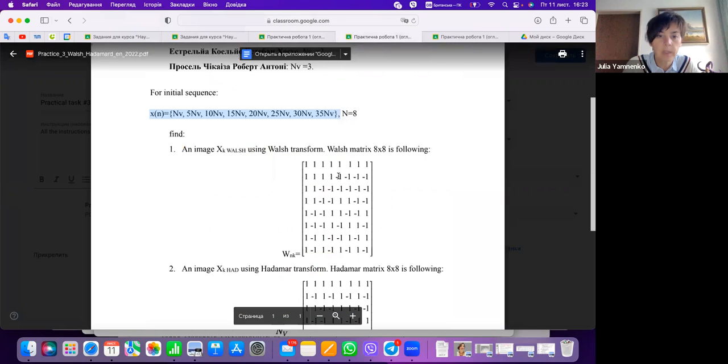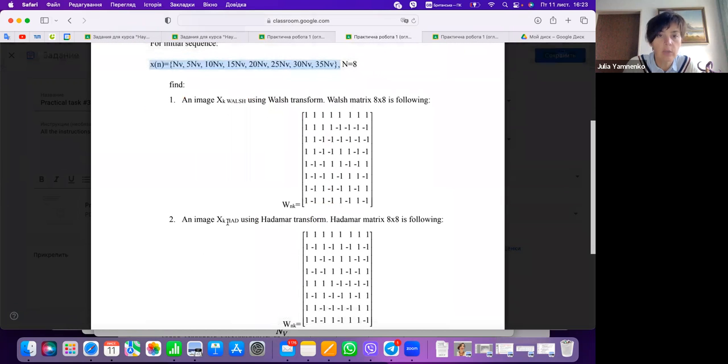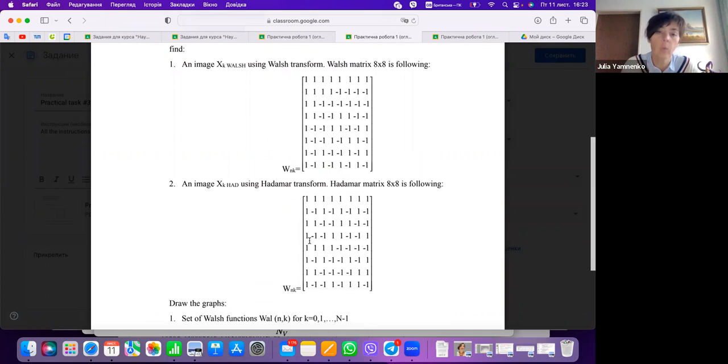And the second is you have to do the same, but using another matrix. It would be the Hadamard transform, and the only difference between the Walsh and Hadamard transform is the matrices. I explained to you that these matrices are very similar.